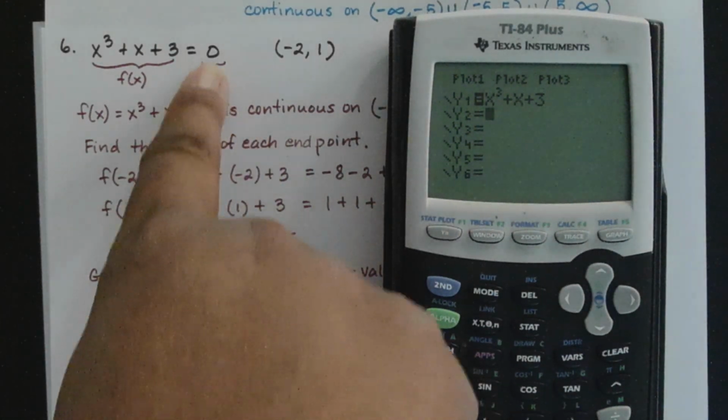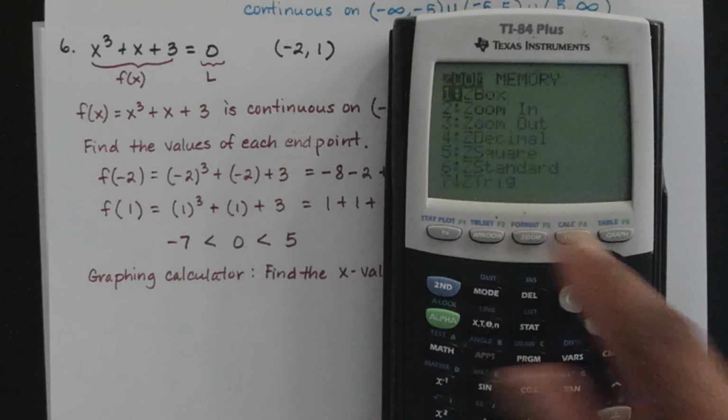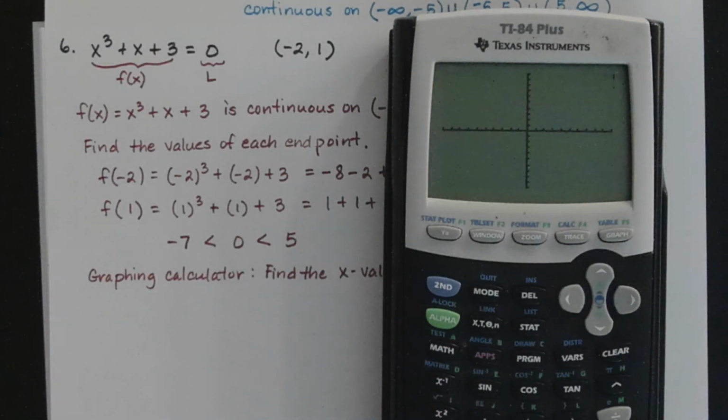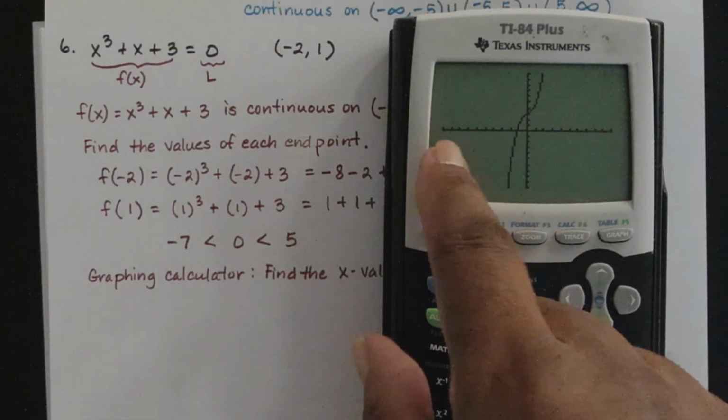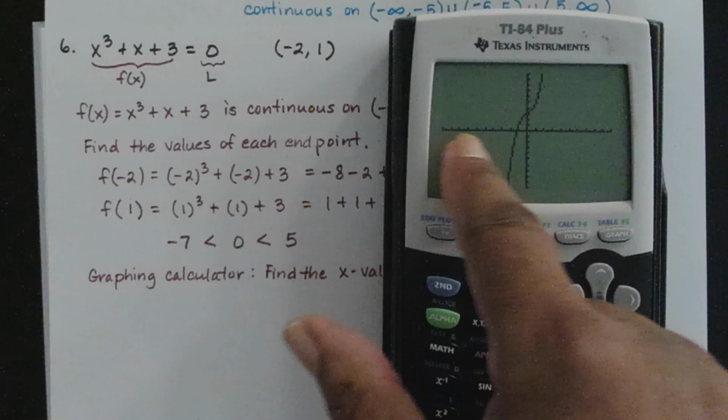I'm going to enter what L is, which is 0. And then I'll do zoom 6. In this case, this is what the graph looks like. And of course, y equals 0, that's the x-axis right here.